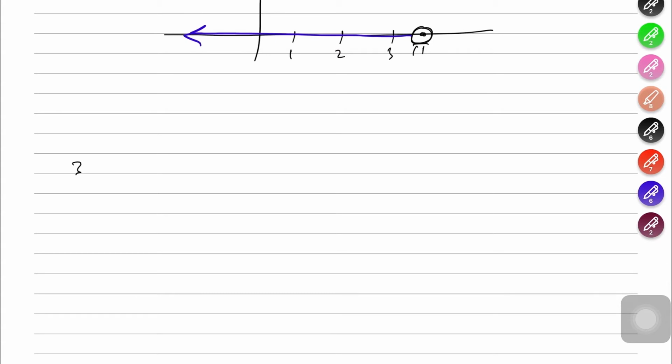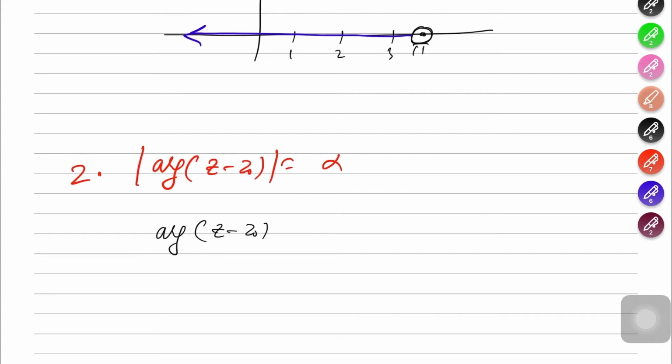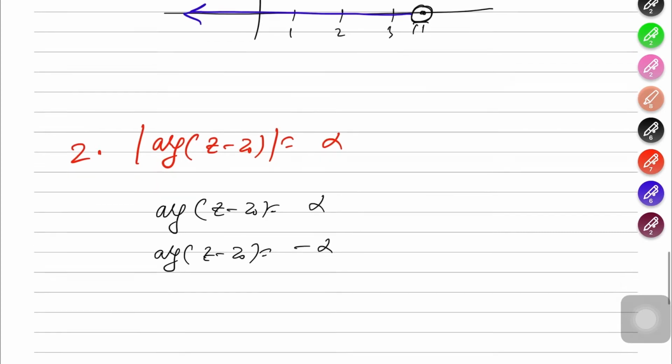Then the second part, which is very much useful, sometimes this is mod of argument of z minus z naught is equal to alpha. Okay, in this case we just remove the mod, so we get argument of z minus z naught is equal to plus alpha, and argument of z minus z naught is equal to minus alpha.